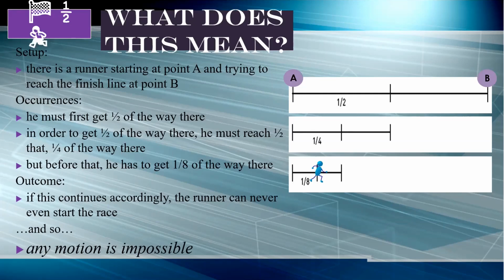This is probably the most grand of Zeno's arguments. And it goes to show that these paradoxes really aren't true, because motion is possible. We know we're able to cross our rooms and walk across the hall. But it's really interesting to see how everything that Zeno states makes sense. You know that you have to make it a quarter of the way there before you make it half of the way there.